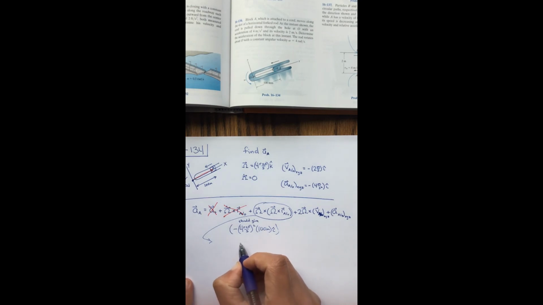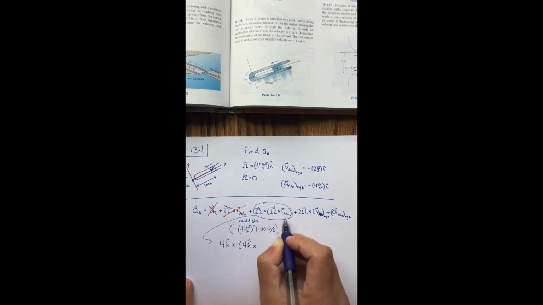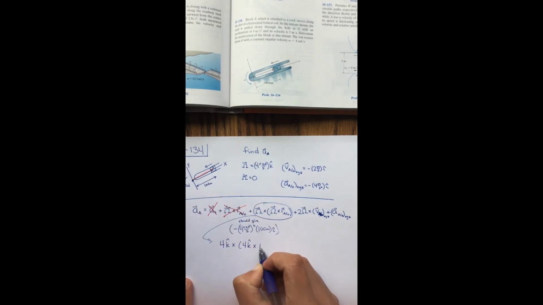So I first do, let's leave the units out here for now. So that's 4k hat crossed with 4k hat crossed with this vector, 100 in the i hat direction. When I do k hat crossed with i hat, that gives me j hat. So now I have 4k hat crossed with 400 j hat.